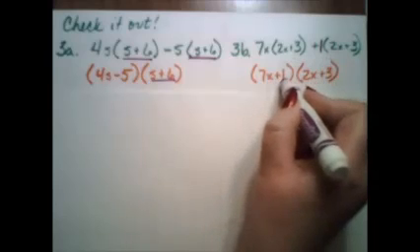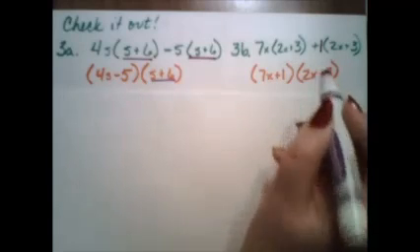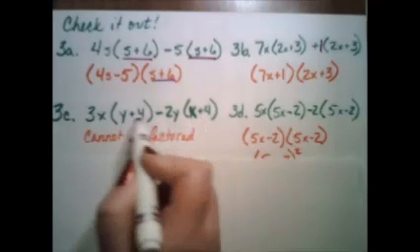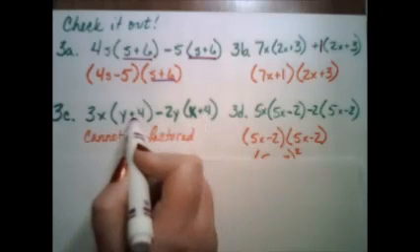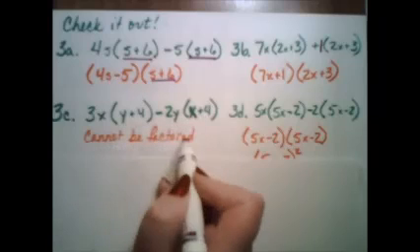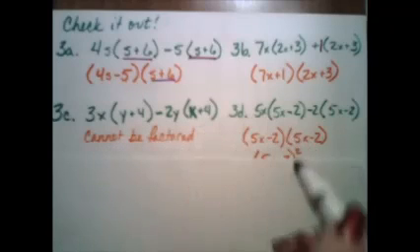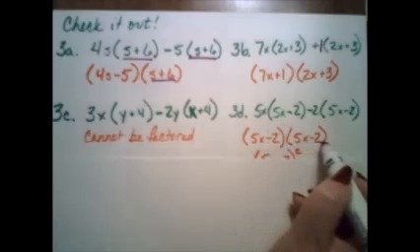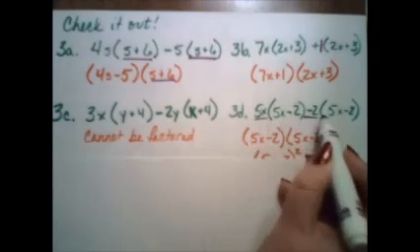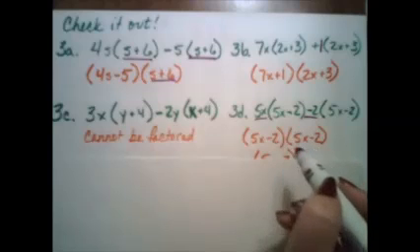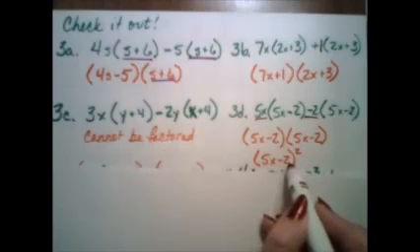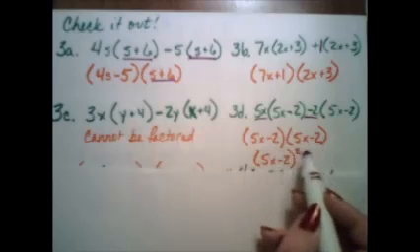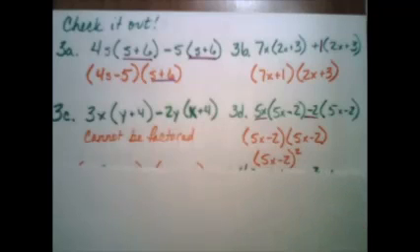So we have 7x plus 1 times 2x plus 3. 3c does not have the same factor, so we can't factor it. 3d, we pulled out 5x minus 2 and 5x minus 2. You see how that is? So actually, this answer could be 5x minus 2 squared. But if you just put this, that's fine too. It's one of those things we'll get good at recognizing.